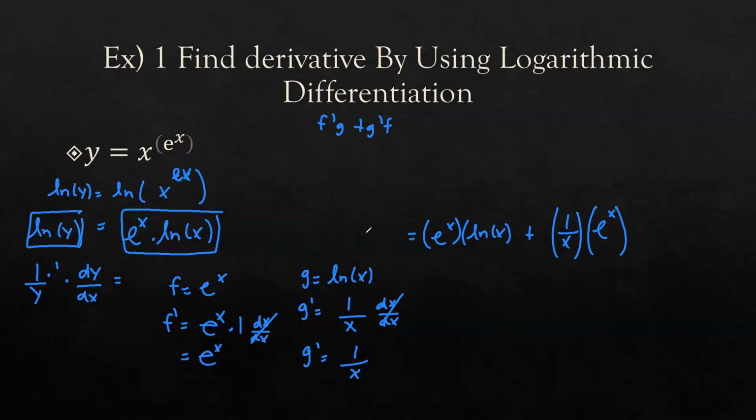And on the left side, you get 1 over y, and then dy dx.